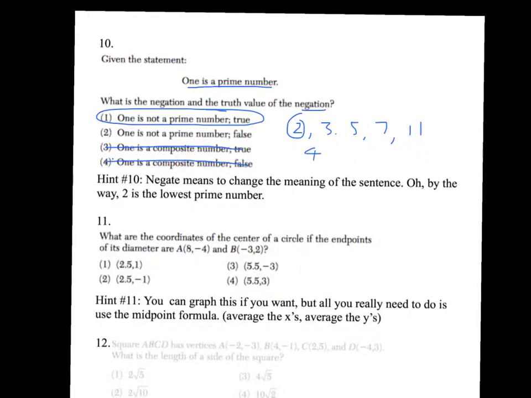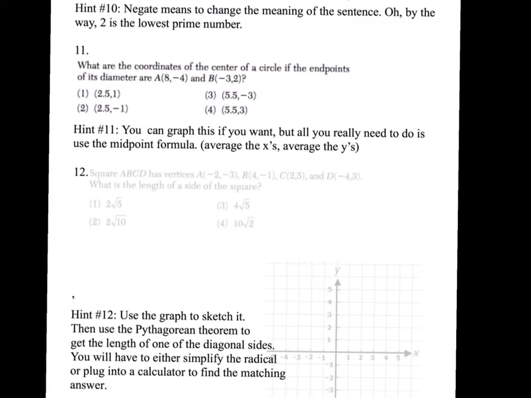Composite numbers are the numbers that fill in the gaps, like 4 and 6, 8 and 9 and 10 and 12. The lowest composite number is 4. 1 is neither prime nor composite. It's just a definition.